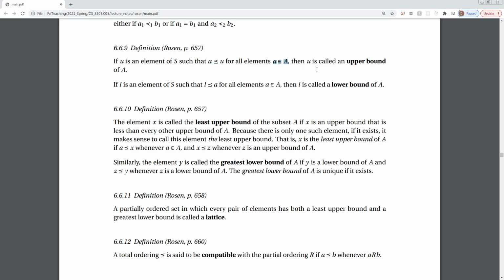Anyway, so when we pick something that's bigger than everything else, it's called an upper bound. And then on the other hand, if we pick some element L, drawing from that larger set, which precedes every element in our smaller set, then L is called a lower bound of A. So it's exactly what you would expect, but we can use it more generically.